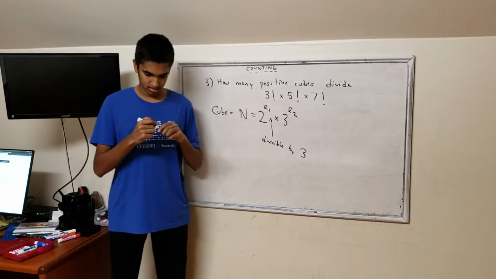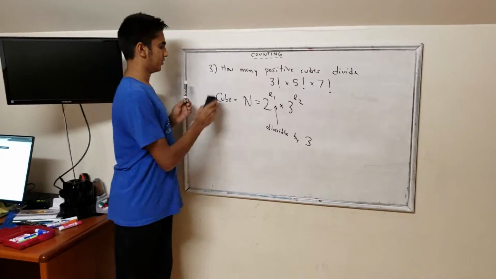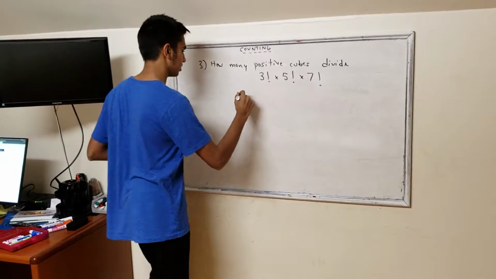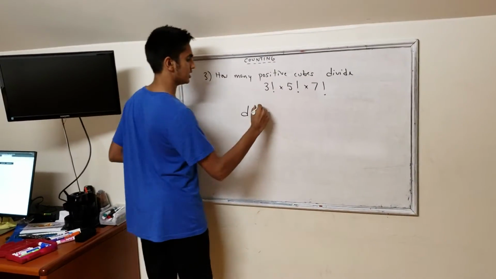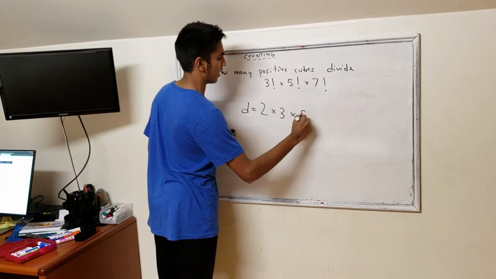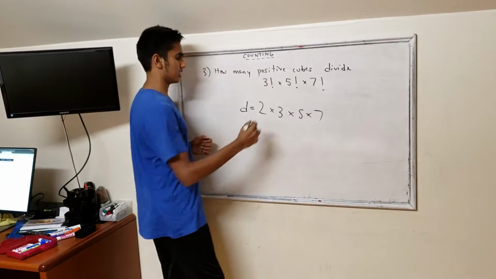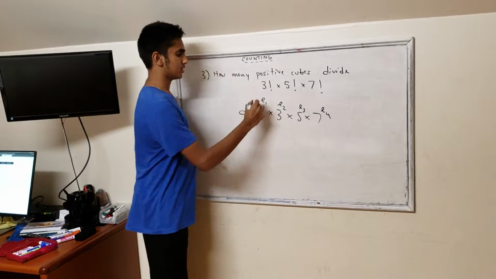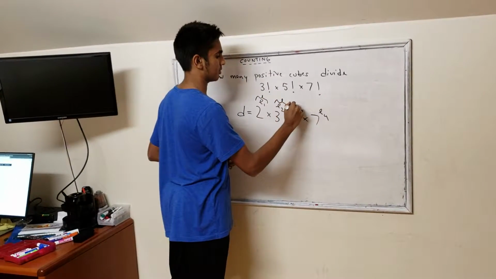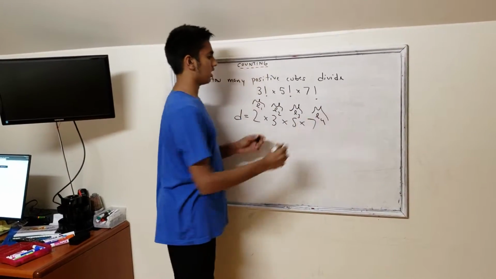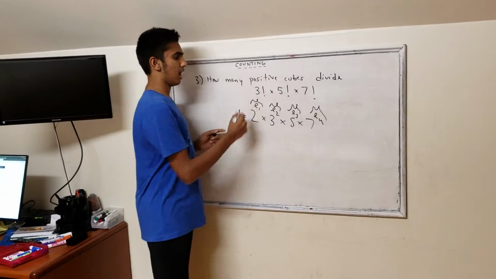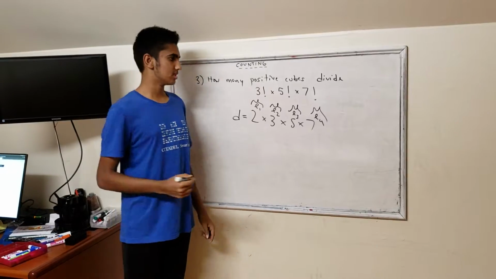So we note that if we have a divisor of this, we just need to choose exponents for 2, 3, 5, and 7, because those are the only primes that are there. We just need to choose exponents that are multiples of 3 and are less than the number of factors in this. So what is the prime factorization of this?